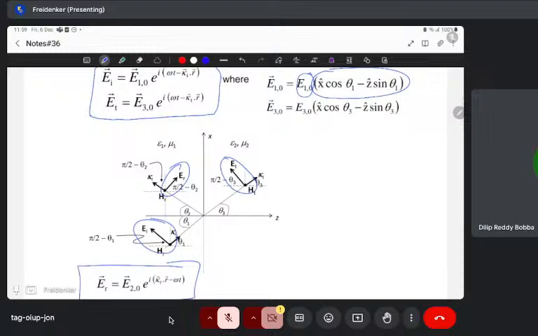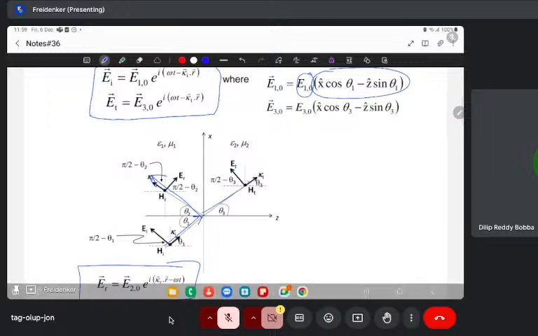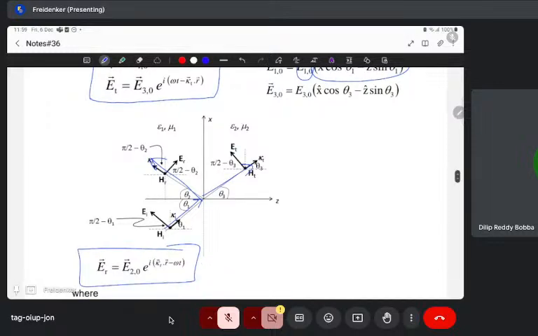slightly different. Okay, how do you solve these problems? It's like this is the direction of propagation of incident ray, this is the direction of propagation of reflected ray, this is the direction of propagation of transmitted ray. So if you break it into components, you can think of it like this one. E is some part is normally incident, some part is simply going to the top. And even here, E can be broken.